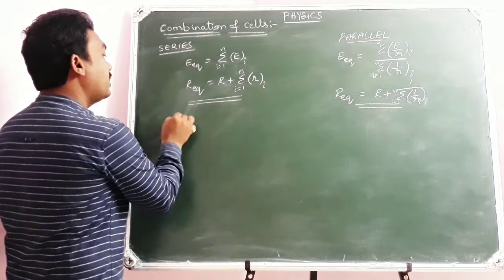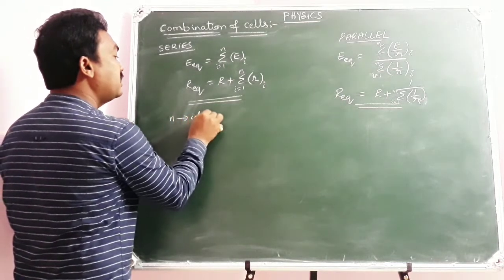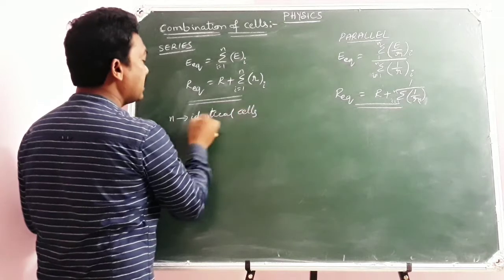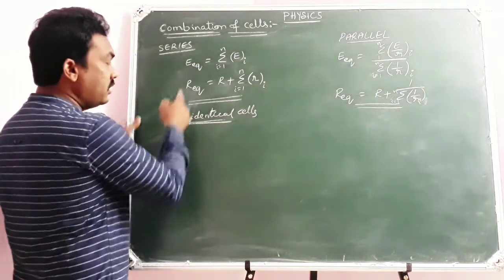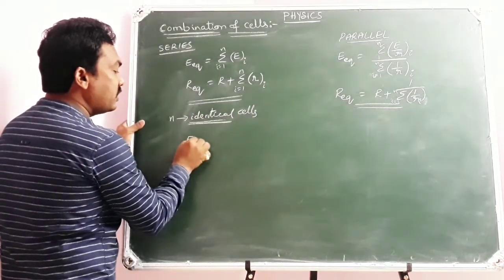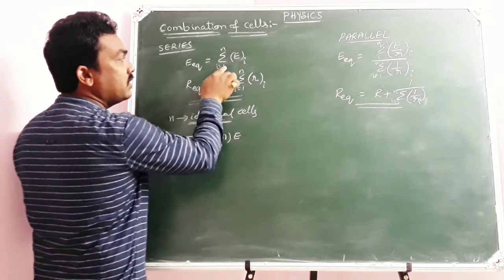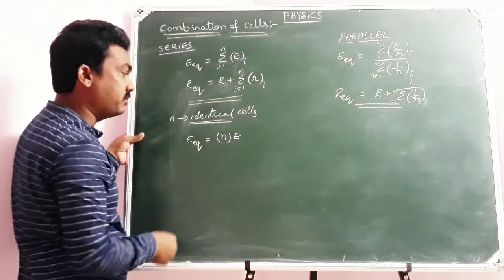I told you already, if I have taken n identical cells, then equivalent EMF is going to be n into E, because E plus E plus E and so on n times.